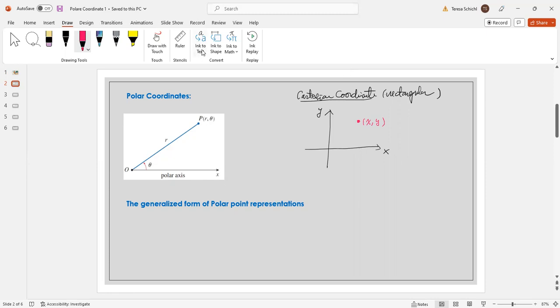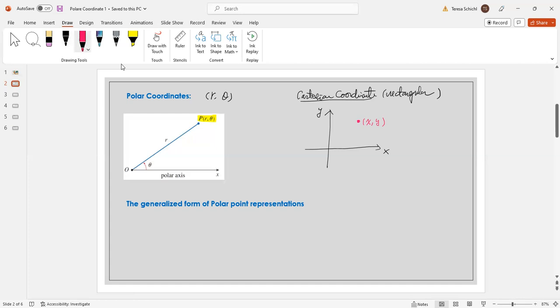For polar coordinates, for any point in the plane, the way we represent that point is, instead of x, y, we represent it as r, theta. So what is r?